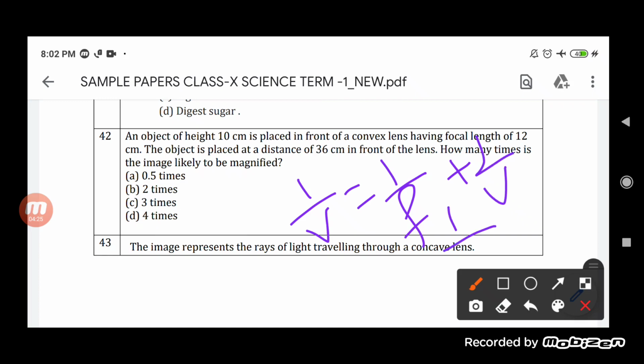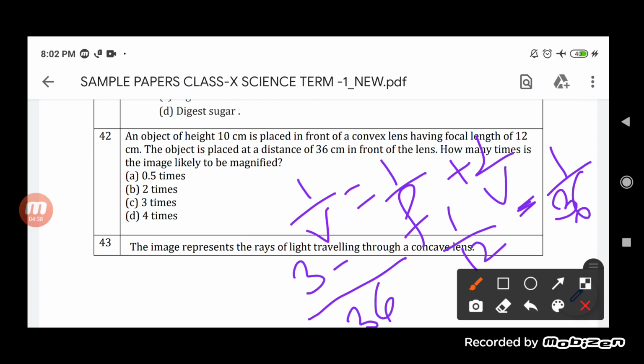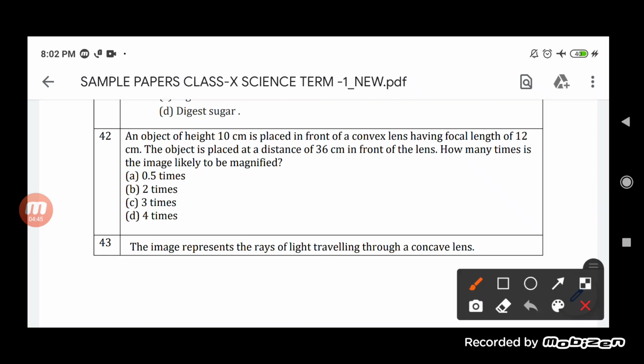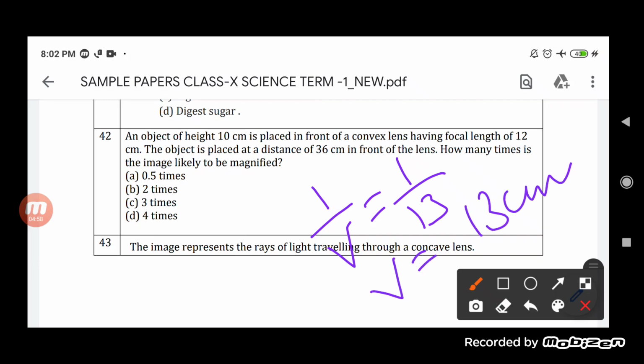Or 1 by 12 minus 1 by 36. Now this we can write as 3 minus 1 upon 36, which is 2 upon 36, or 1 by 18. So 1 by v will be equal to 1 by 18, or v will be equal to 18 centimeter. This is the value of v that we got.